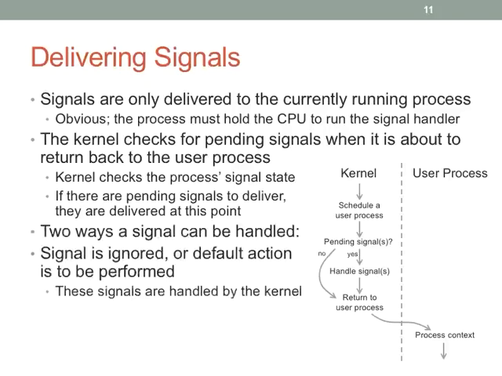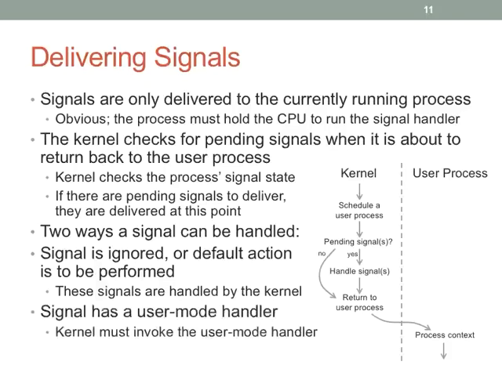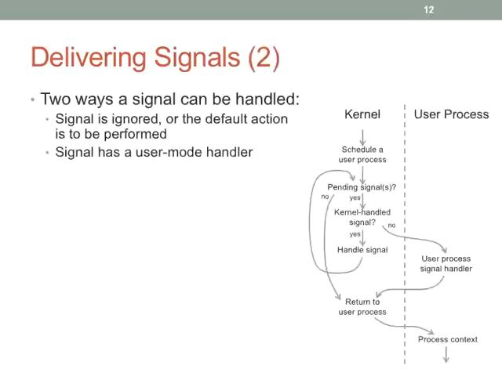And there's two ways that they can be handled. One is the kernel handles it for us. So we either have a default action or we ignore it. That's easy enough. Or we have a user mode handler that has to be invoked to handle the signal. So the real process ends up looking a lot more like this. Okay, so we have this basic loop in here which says, do we have a pending signal?